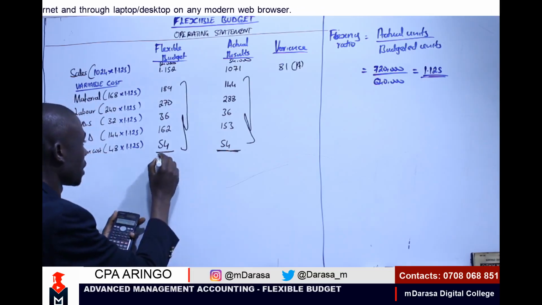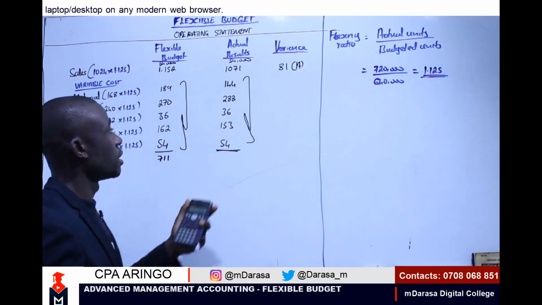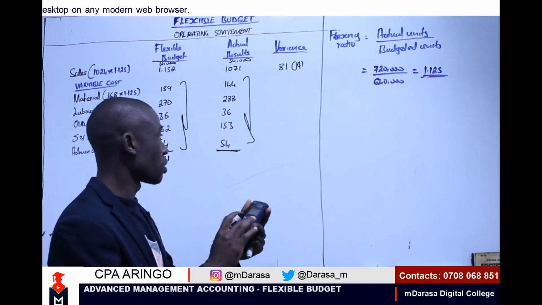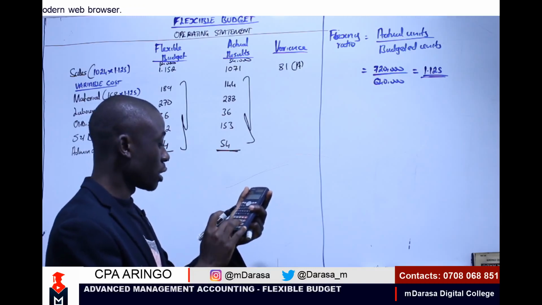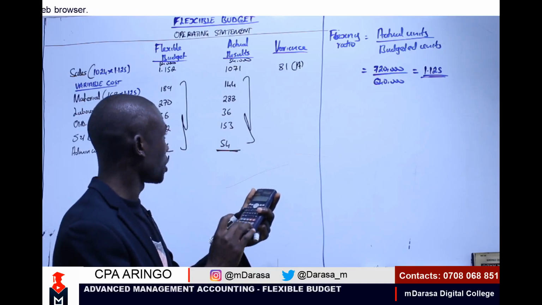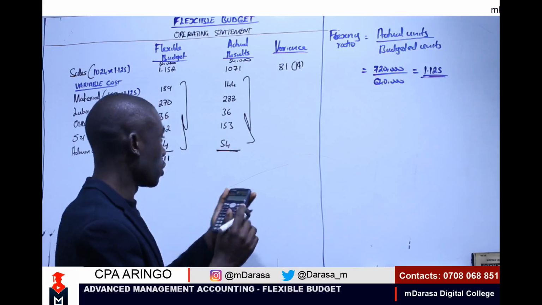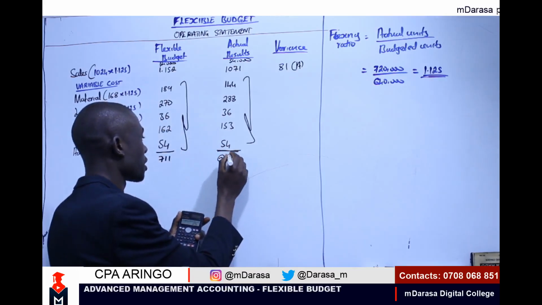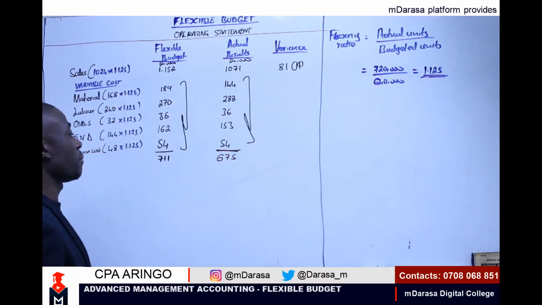I'm having 711. I believe all of us, we are getting the same figures. Then talk of our actual results. I should be having 144 plus 288 plus 36 plus 153 plus 54. So therefore, I should be talking of how much? 675.